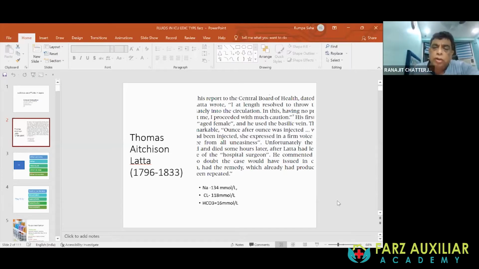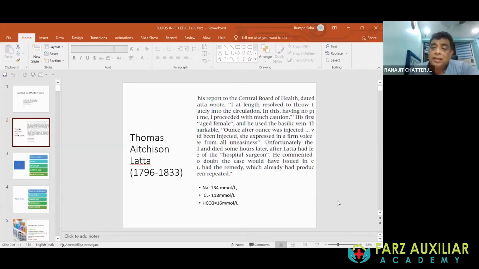As we all know, fluids can be classified into crystalloids and colloids. Crystalloids may be a bit hypertonic in vitro but isotonic in vivo, like normal saline. They may be isotonic or hypotonic. Ringer's lactate is a bit hypotonic, and there are severely hypotonic fluids like 5% dextrose, and hypertonic fluids like 5% DNS.